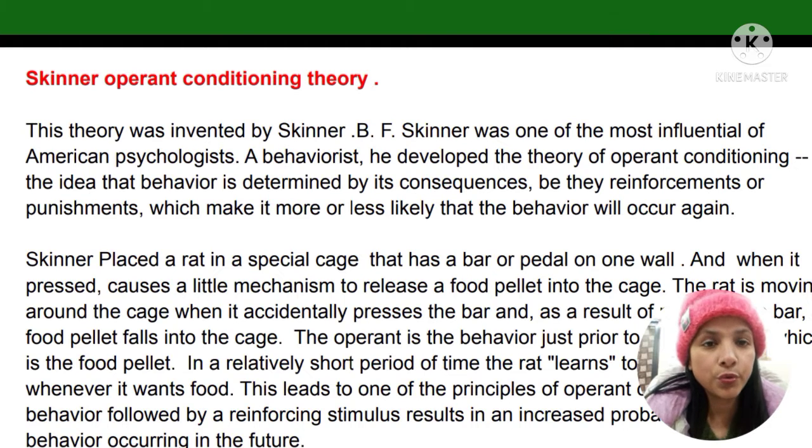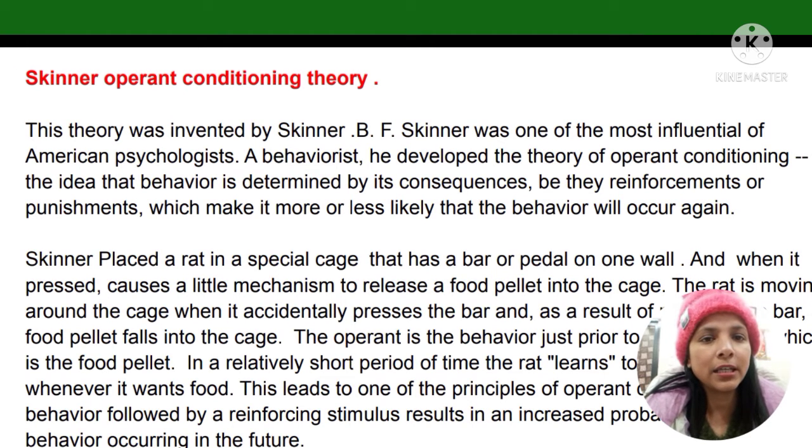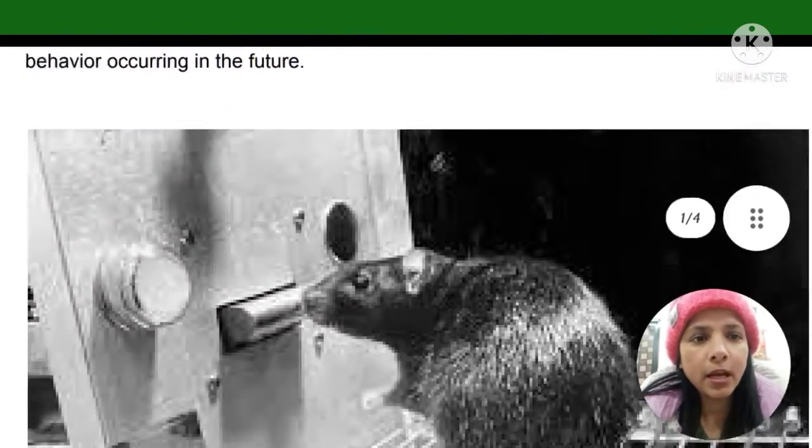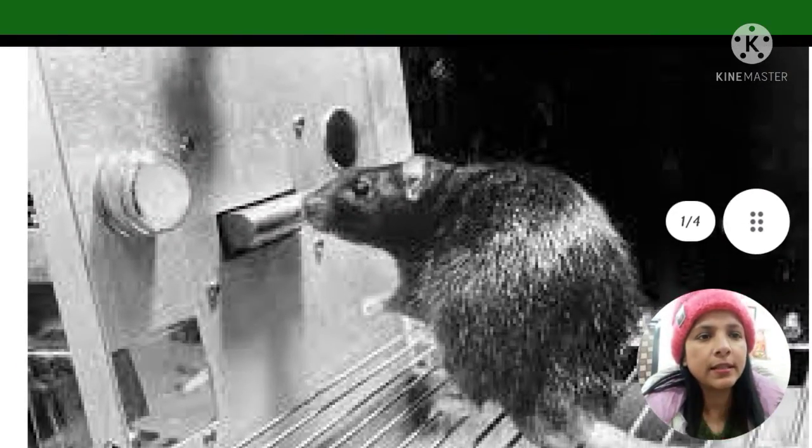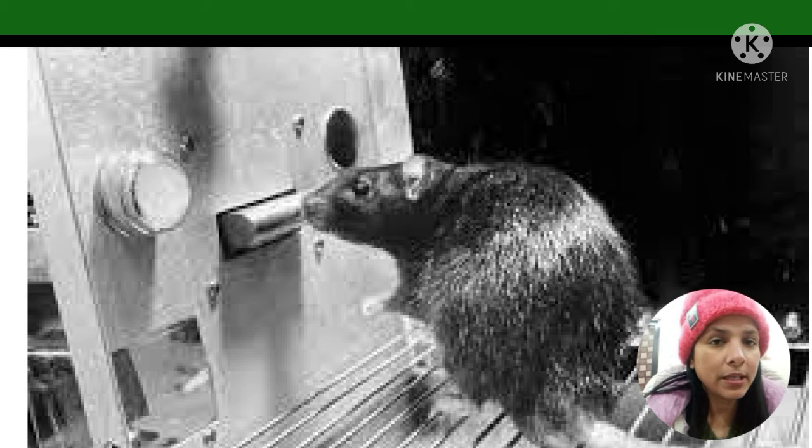Basically he placed a rat in a special cage, and in that cage there were two buttons, a red button and a green button.